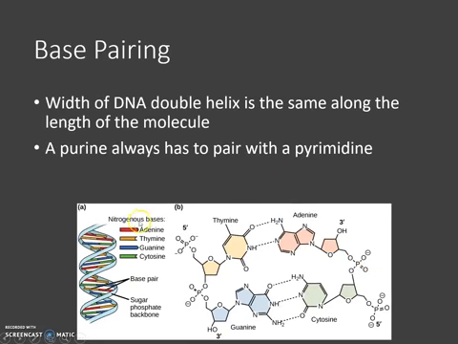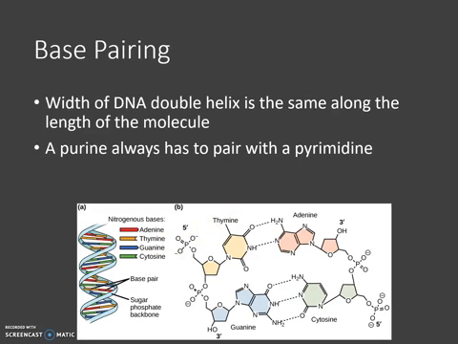Now this is a cartoony drawing of a DNA molecule, and you'll notice that it's the same width all the way across the double helix. This gave early scientists a clue that a purine always had to pair with a pyrimidine, because if a purine bonded with another purine, it would make part of the DNA double helix wider.